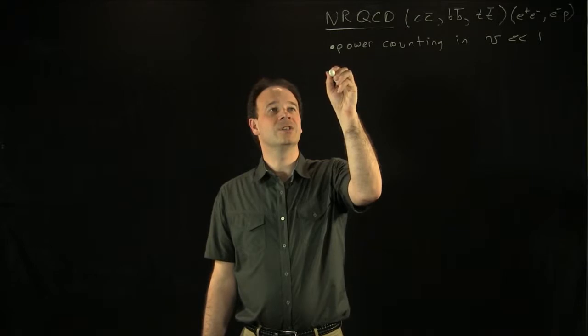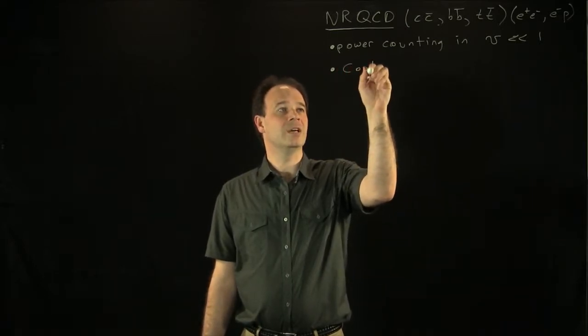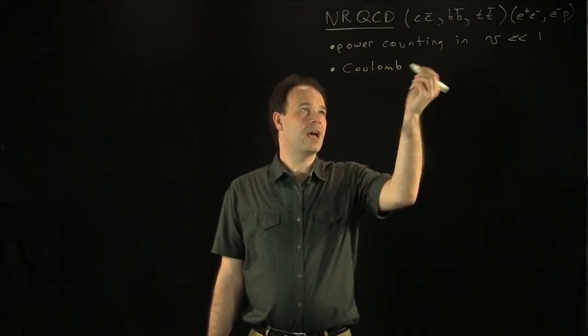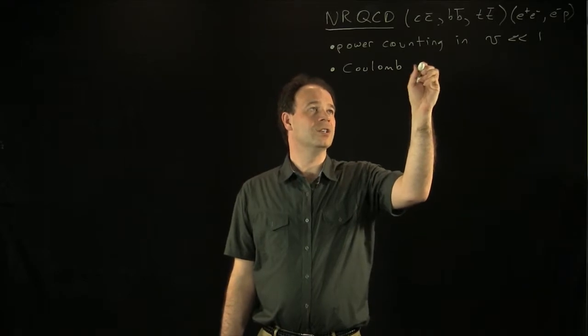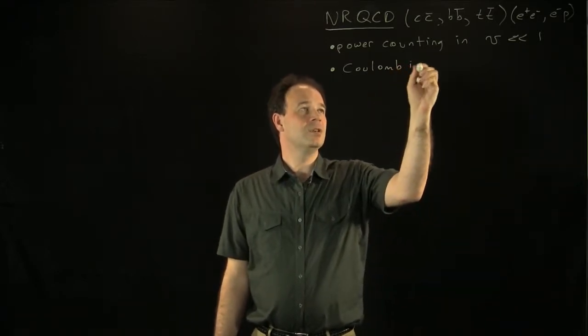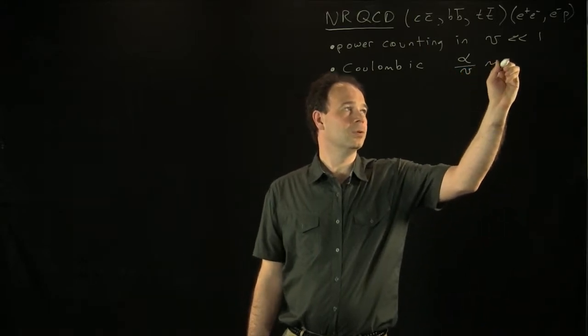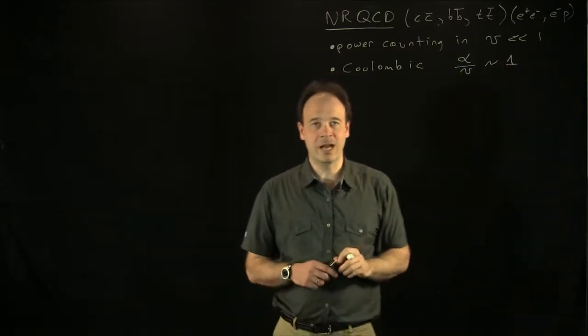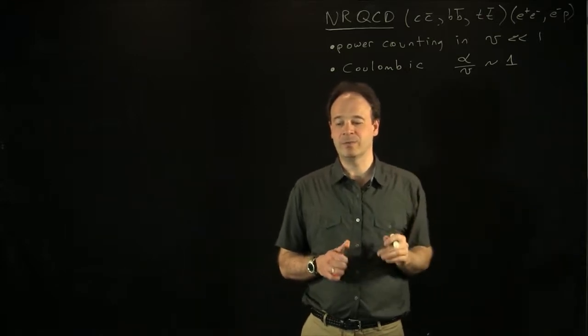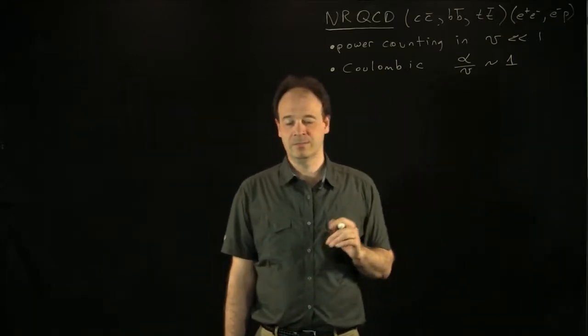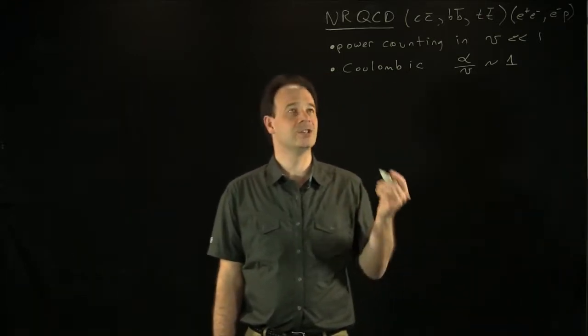Another thing that we've already actually looked at in our cold atom lectures is what happens with the Coulomb interaction. A system is said to be Coulombic in the situation where alpha over v is of order 1, so that the Coulomb interaction is a relevant interaction. And that's actually what we're going to study today, the Coulombic interaction being a relevant interaction.